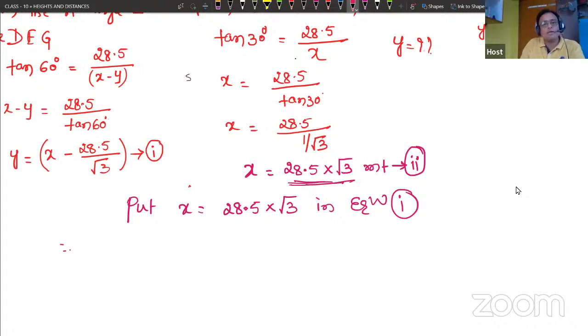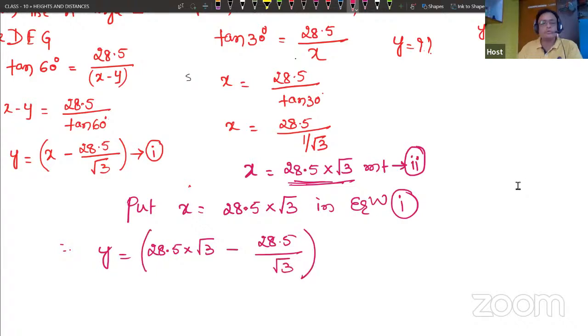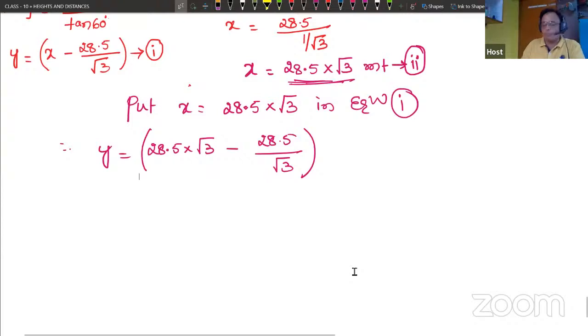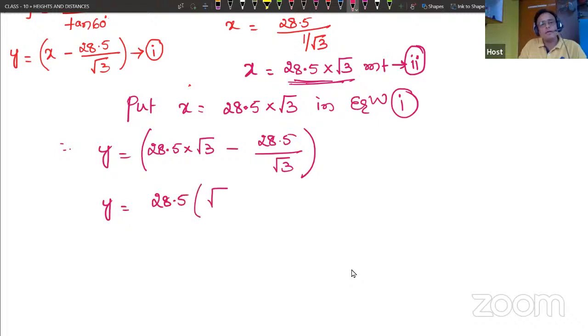Therefore, in equation 1, y is equal to the x value, 28.5 into root 3, minus 28.5 upon root 3. We want only y. Now simplify that. Take 28.5 as common factor. y is equal to 28.5 times root 3 minus 1 by root 3.